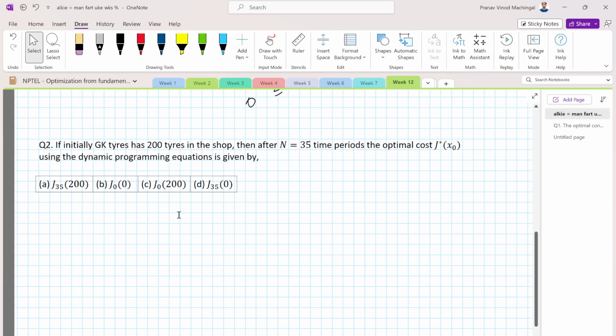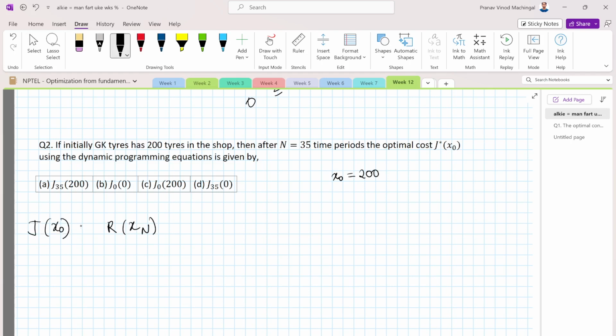So initially there are 200 tires, means x0 is equal to 200, and the cost that is optimized is, the cost that you incur is r of xN, which is the terminal cost, if you start from some x naught.